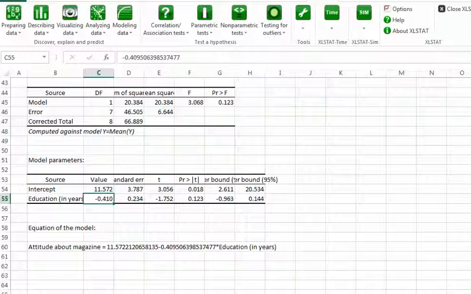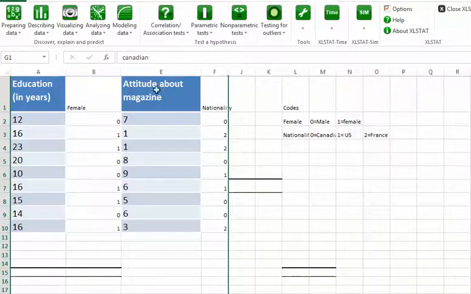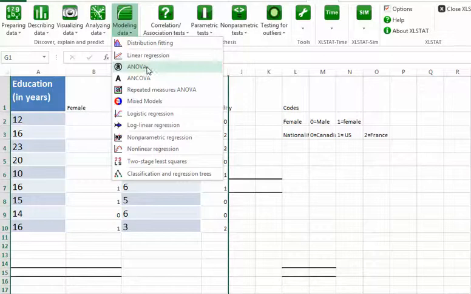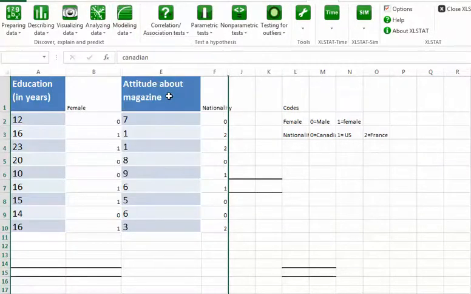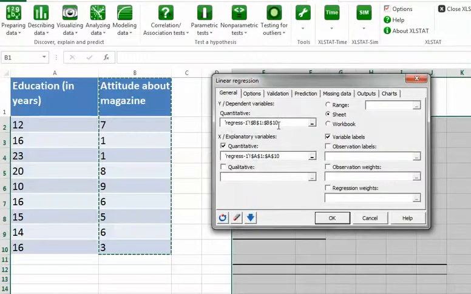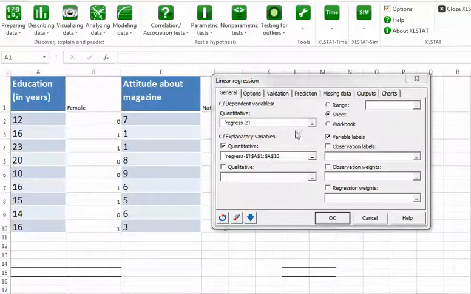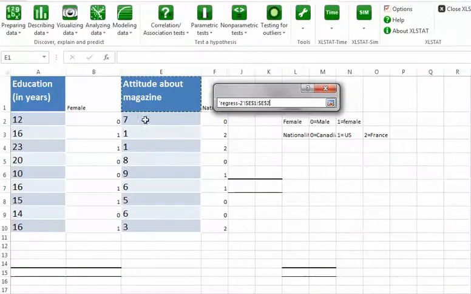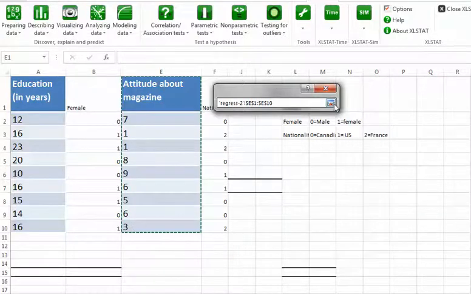So let's see what happens if we try to predict our attitude about the magazine using a dichotomous variable. Again, we go to modeling data, and we're going to select linear regression. We have the same dependent variable, attitude about the magazine.